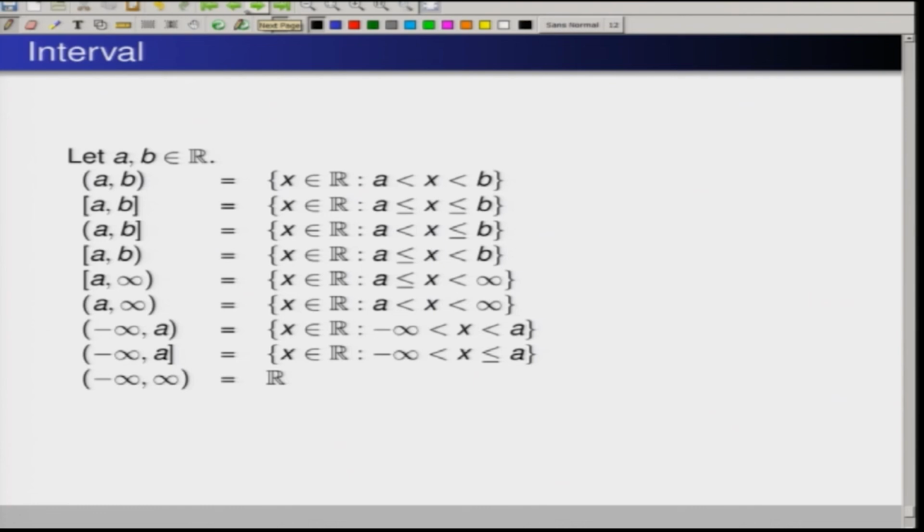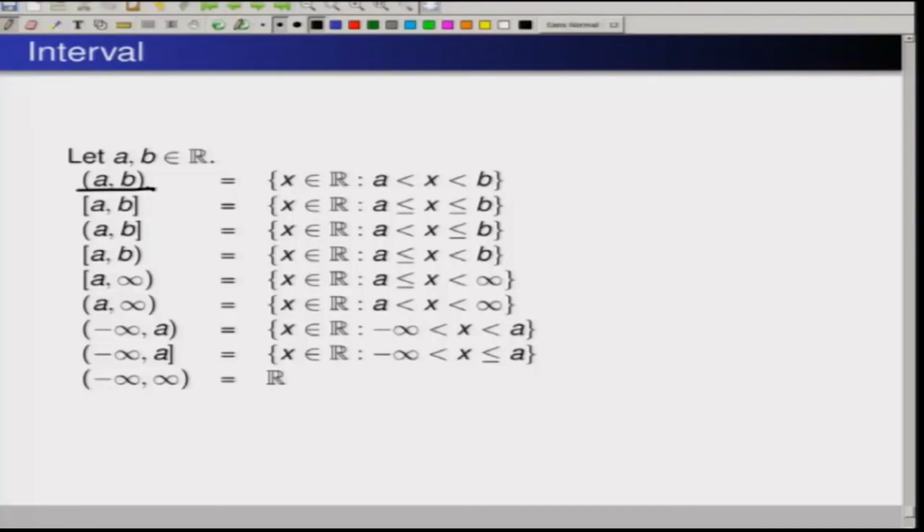So these are all the intervals that can happen, only of this type. First of all, they can be finite intervals or infinite intervals. In a finite interval there will be endpoints, and these endpoints are either open or closed, depending on whether you are including those endpoints in your interval or not.